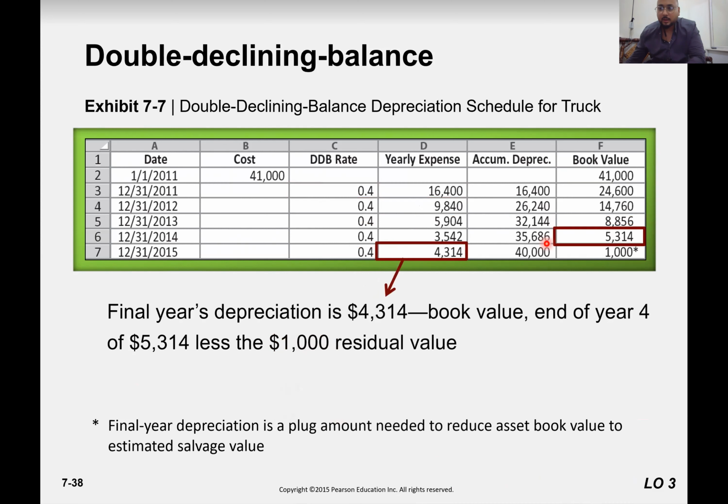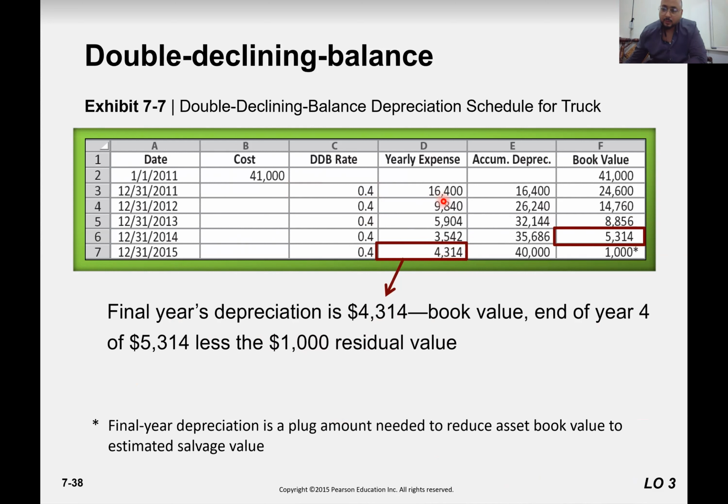Right? And how are we getting the last year depreciation? It's simple, because the final year depreciation would be 4,314, because the book value is 1,000. So it's a plug number here. So 5,314 minus the book value, answer is going to be 4,314.